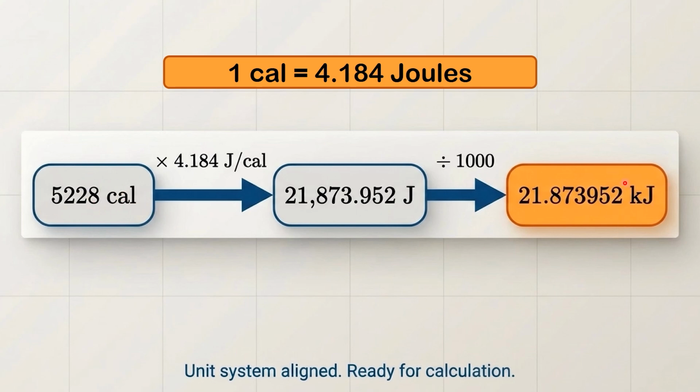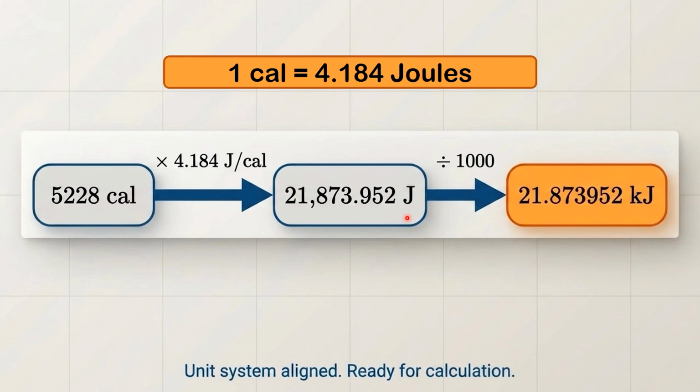To do this, we use the conversion factor that 1 calorie is equal to 4.184 joules. So we calculate 5,228 calories multiplied by 4.184 joules per calorie. This gives us 21,873.952 joules.